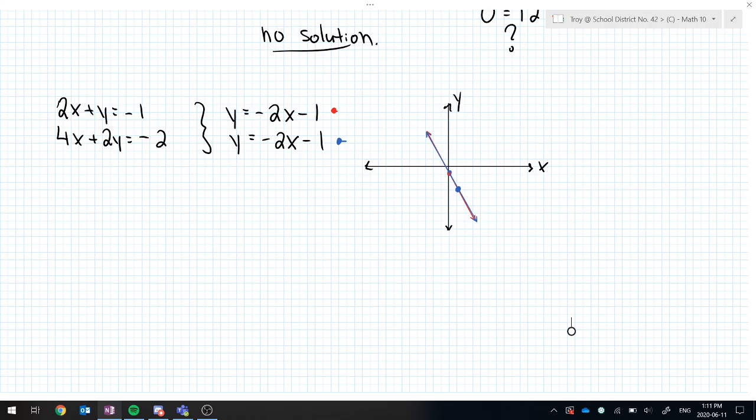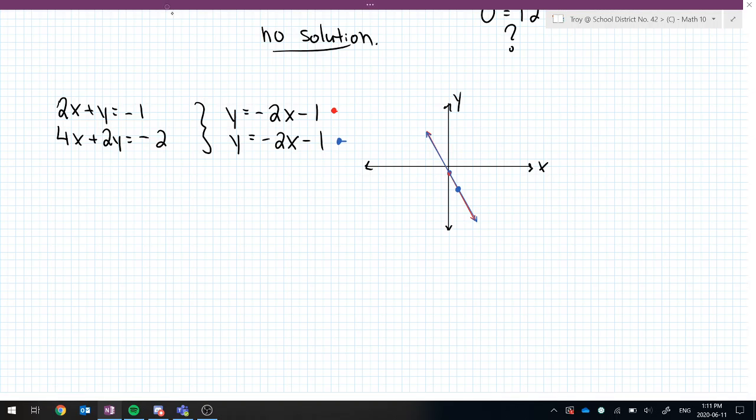So if they are identical, if they're the exact same line, that means every point on the red line is common with every point on the blue line. Every point along these two lines are shared.